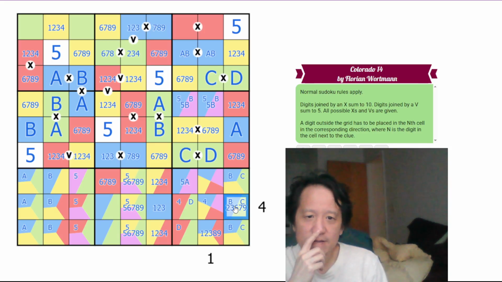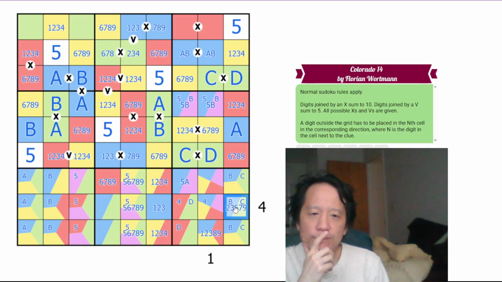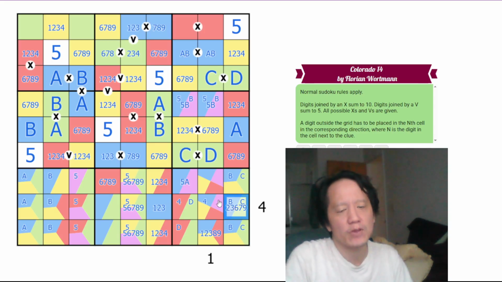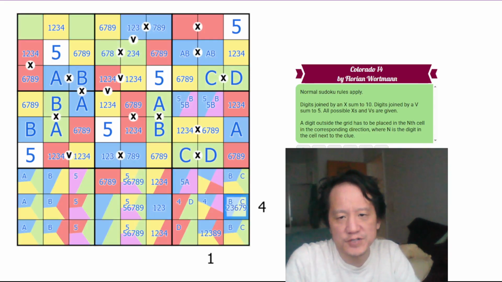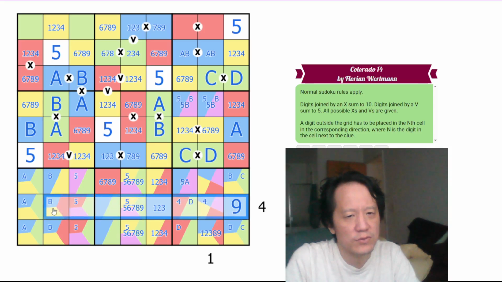But oh, problem. So this cannot be 9. If this is 9, again, that means this high blue or green is 9. Well, that means it's high blue, right? But if it's high blue, this can't be high blue, so it must be low green. But low green has to be 6, so that's a contradiction.